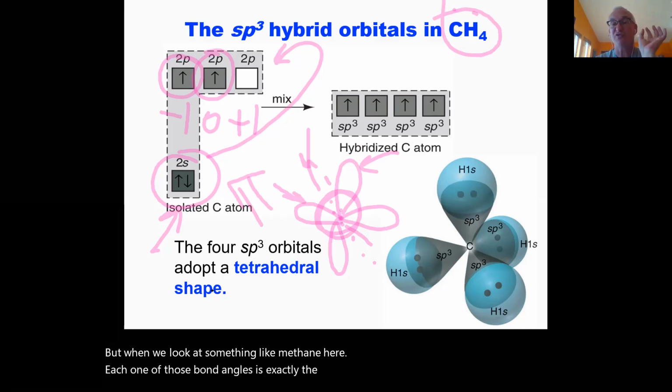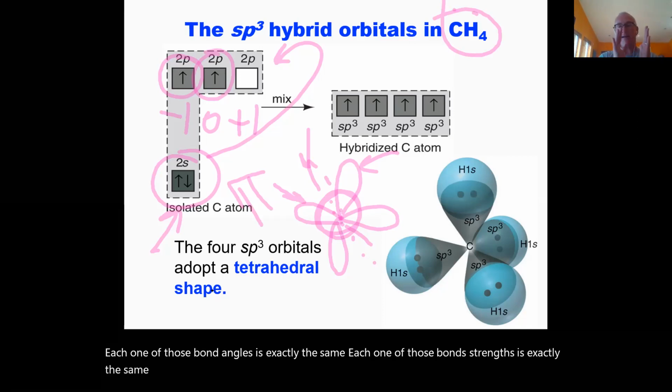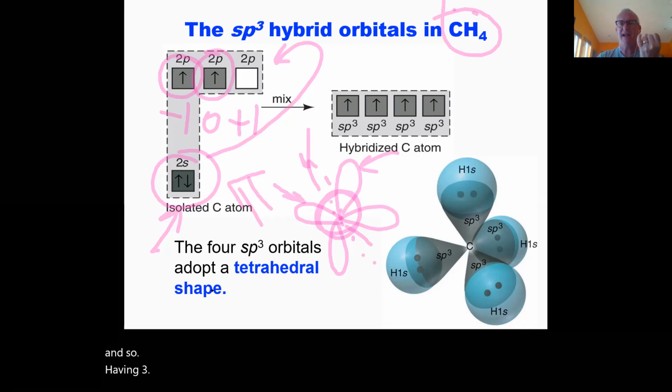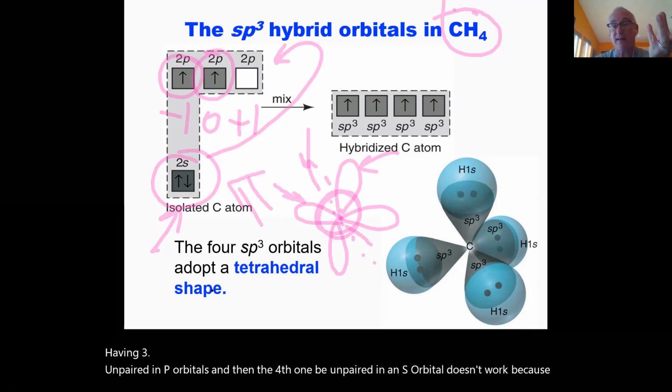Each one of those bond strengths is exactly the same. And so all those bonding electrons coming from carbon have to be exactly the same. And so having three unpaired in p orbitals and then the fourth one be unpaired in an s orbital doesn't work, because that's not what we see experimentally.